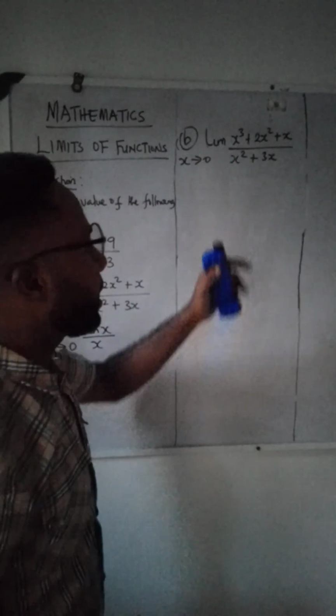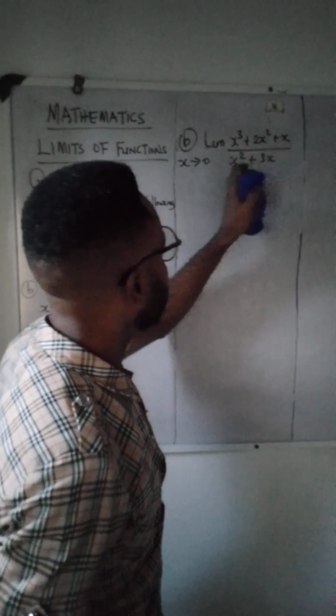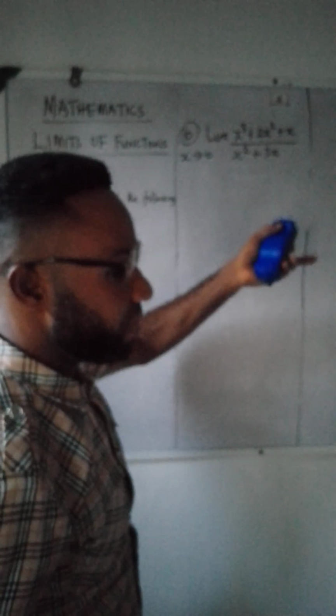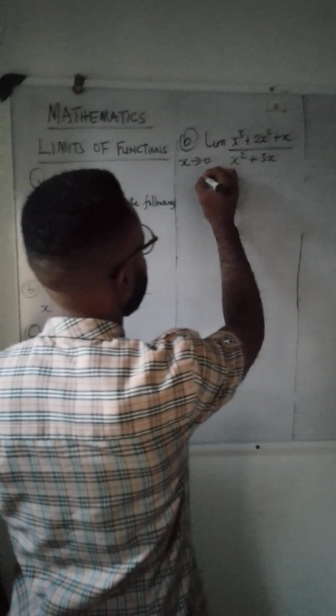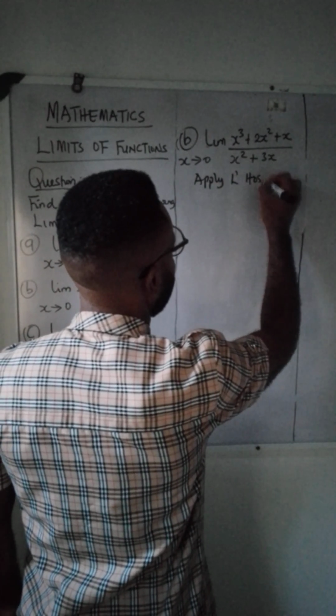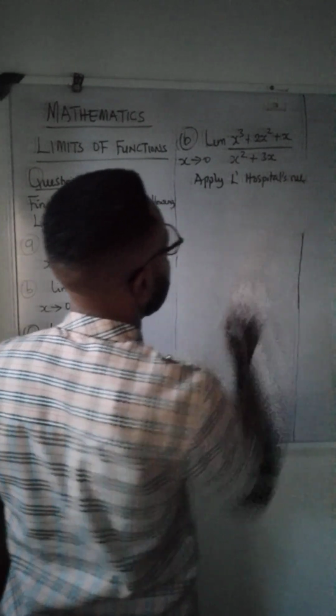By visual inspection, if you bring in 0 here, 0 here, it will give you 0 over 0, which is going to be undefined. So we apply L'Hospital's rule to this question.